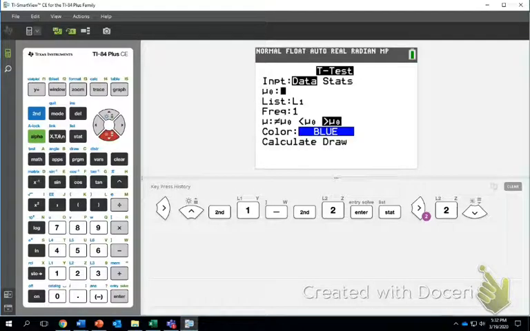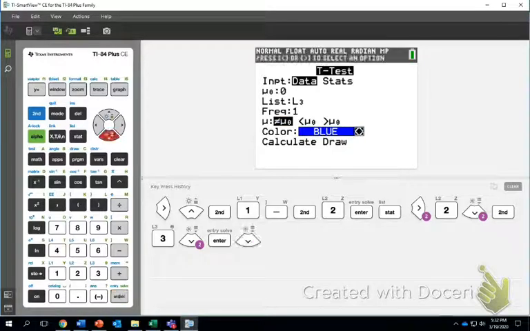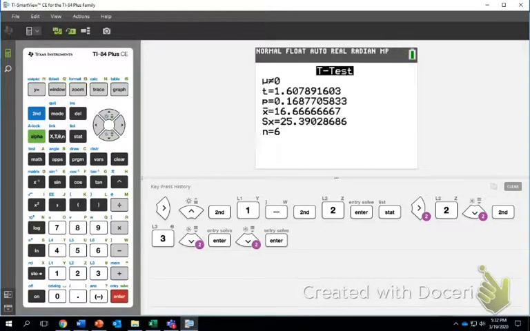Again, we don't have any information about our population average, so we're going to keep this 0. Go down to list. Make sure you're using the third list and not L1 or L2, so I'm going to press second and then 3 for my third list. Frequency we're going to ignore. We said it was a 2-tail, so I'm going to click on this one. And then once I'm done with that, I am going to calculate it.